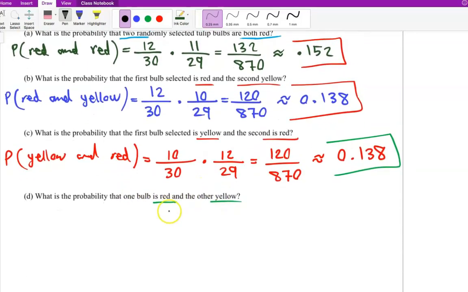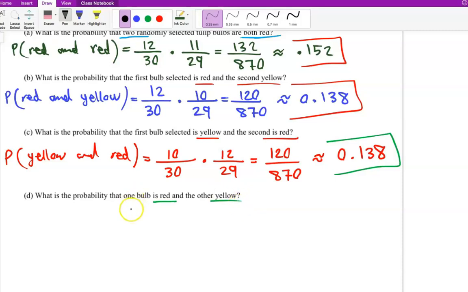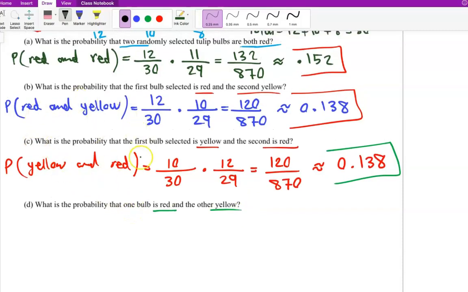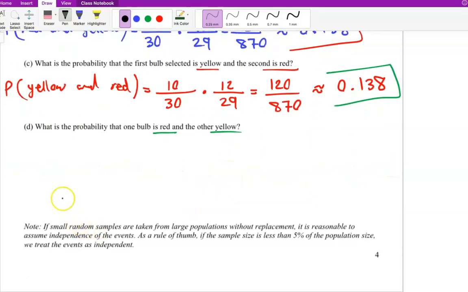What that means, we can have red and yellow, yellow and red, both of these, and we got the answer in part B and C. Combining these two is the answer for part D. It didn't say when we're going to have red and when we're going to have yellow. So we may have yellow first, and then after that red, or we may have red first and after that yellow.